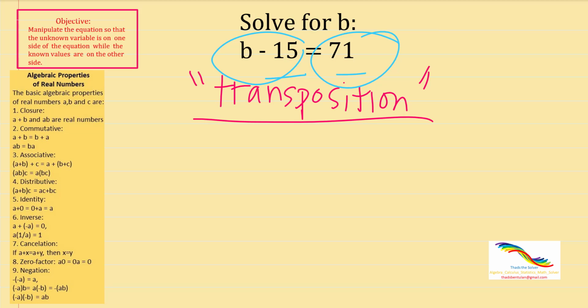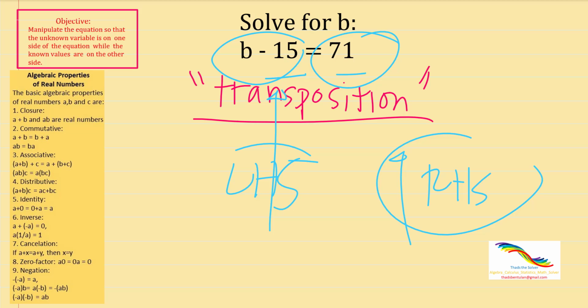In our standard method, you remove 15 by adding 15 to the entire left hand side and adding 15 to the entire right hand side. That's how it's done as a standard procedure.